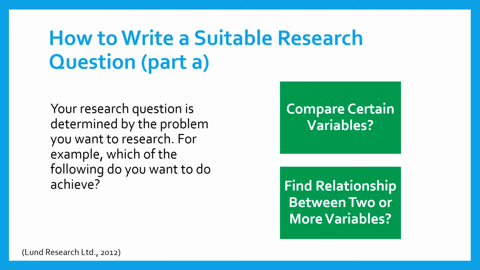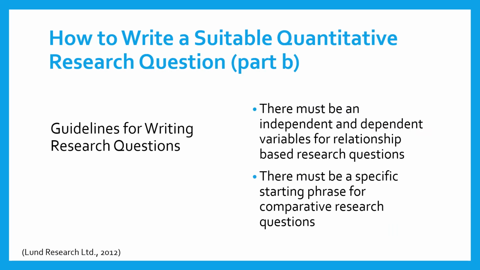Your research question is determined by the problem you want to research. For example, are you trying to compare certain variables, or are you trying to find a relationship between two variables? To write a suitable quantitative research question, there must be an independent and dependent variable for descriptive, comparative, and relationship-based research questions.